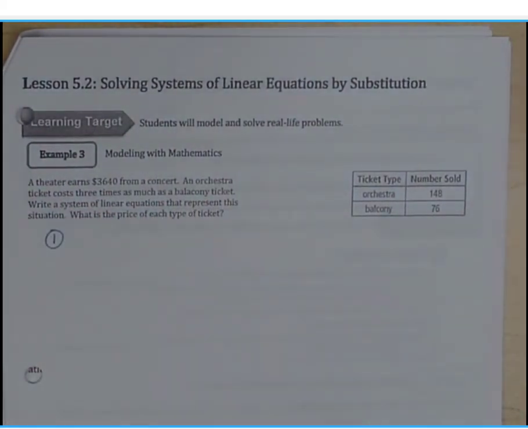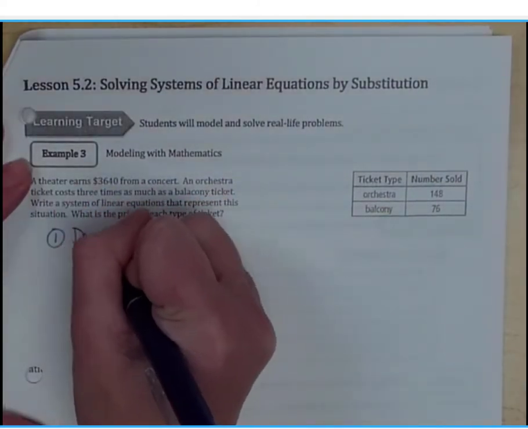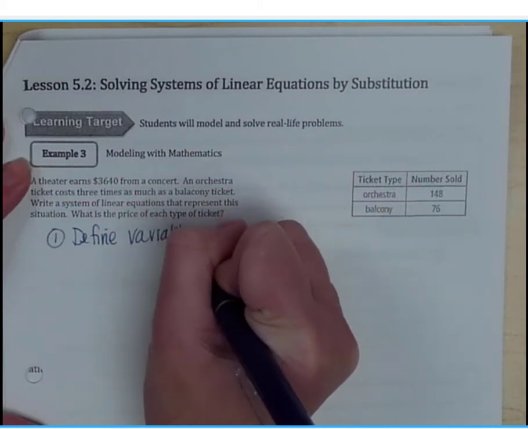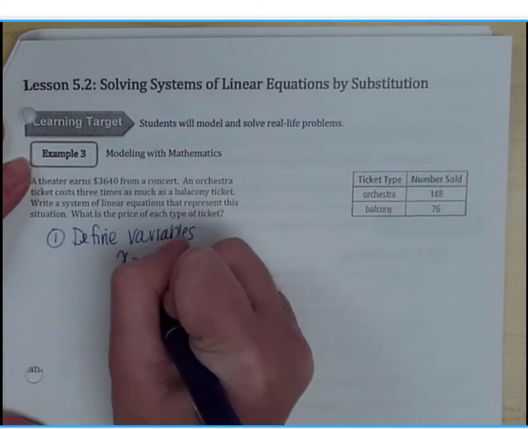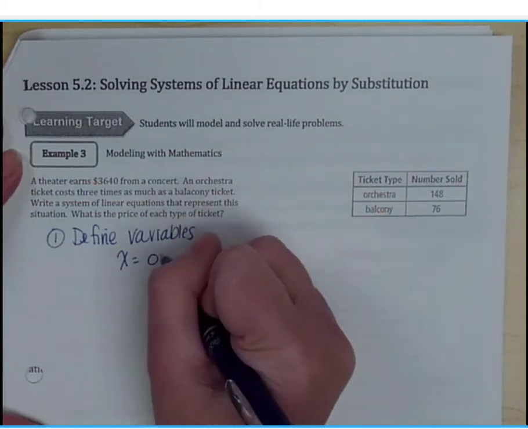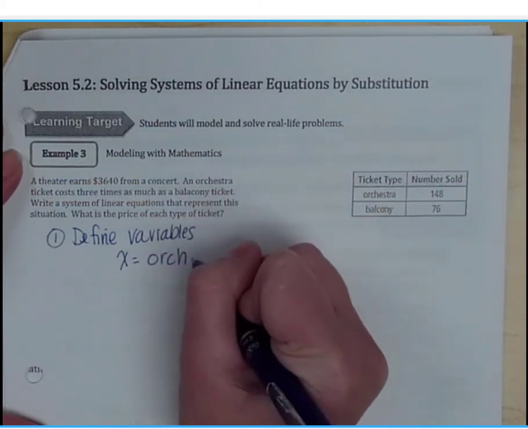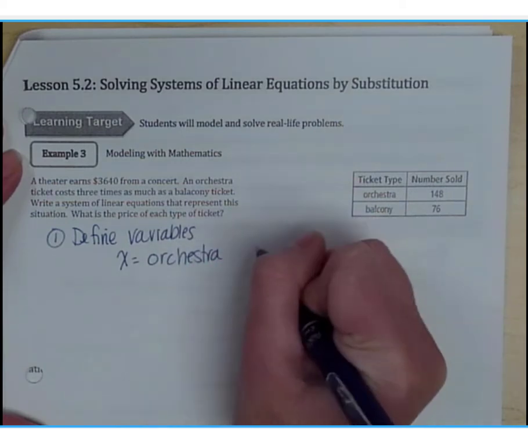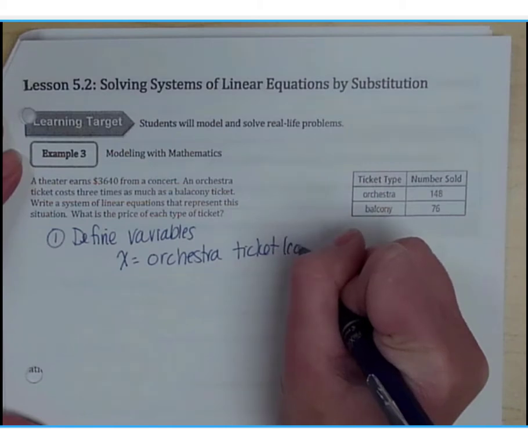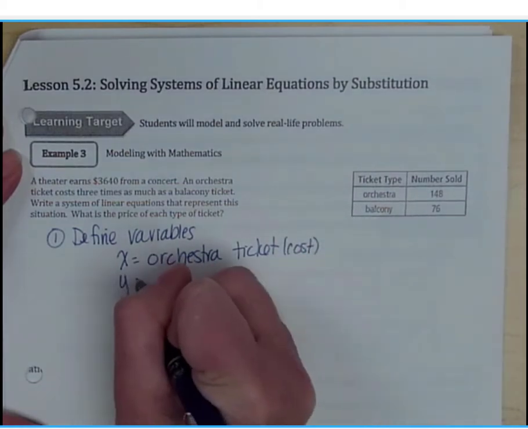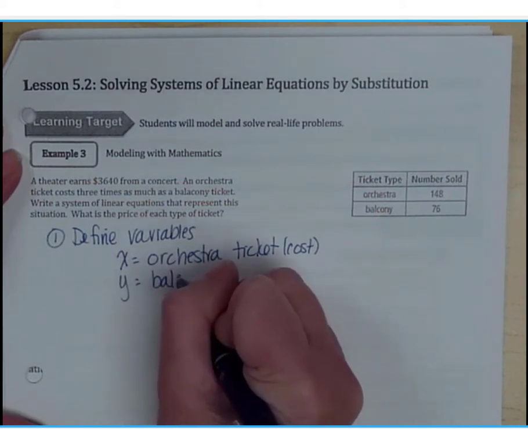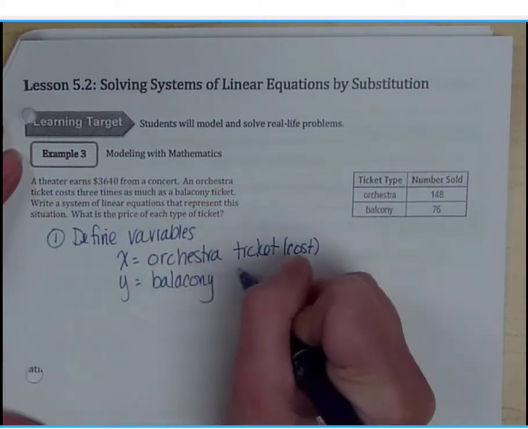Number 1, we're going to define the variables. And I'm going to say that x equals the orchestra, just because that came first. There's no rhyme or reason for why I picked that. So this is an orchestra ticket. And I should say that's the cost. Y is the cost of the balcony ticket.